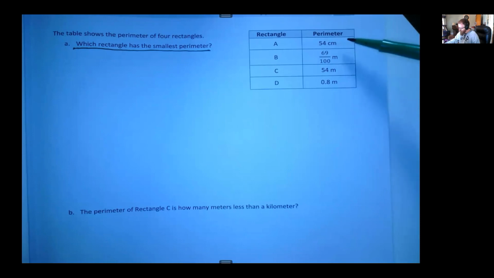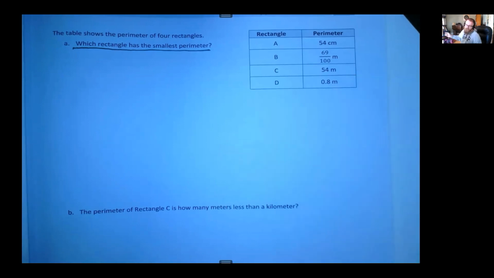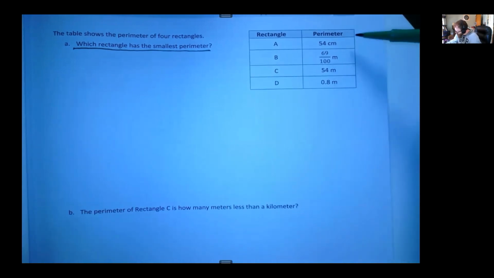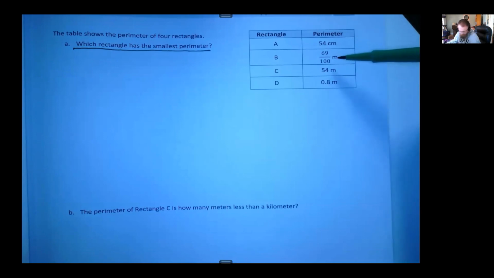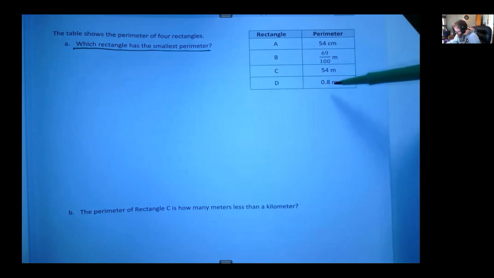We have the perimeters written several different ways. They're all measurements of length, but they're written different ways, and we want to compare them to find the smallest one. We have 54 centimeters, 69 1/100ths of a meter, 54 meters, and 8/10ths of a meter.